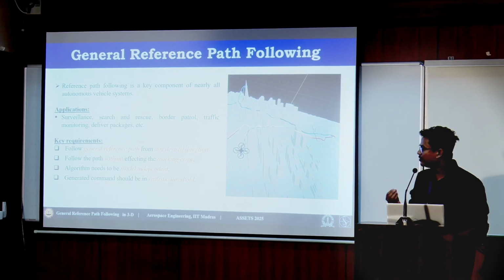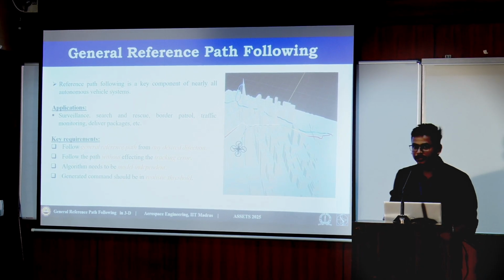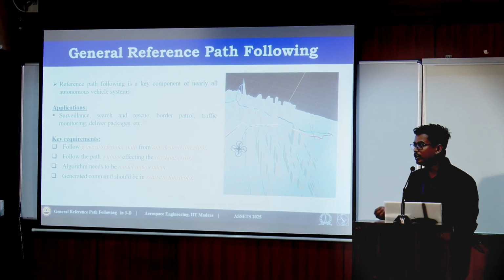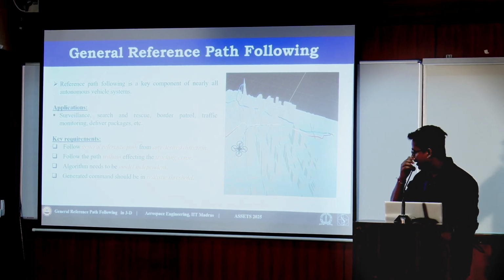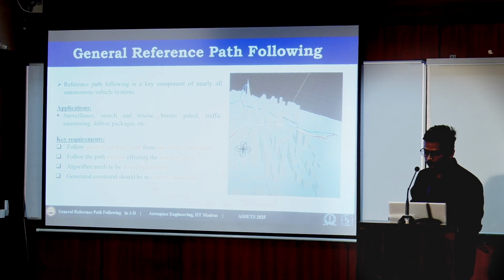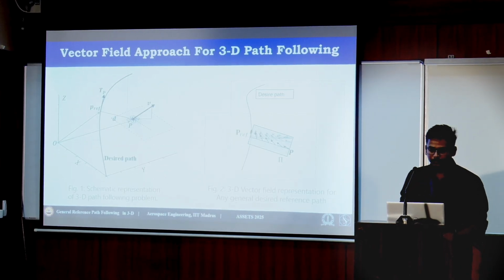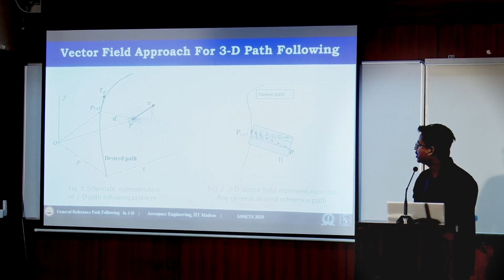The key requirement from the algorithm is that it should be able to follow any kind of general reference path without compromising the tracking performance, and the algorithm should be model independent. It should not be dependent on specific models, and the generated command should be within realistic thresholds. So for that, here we are presenting a vector field based path following method which we are working on currently.